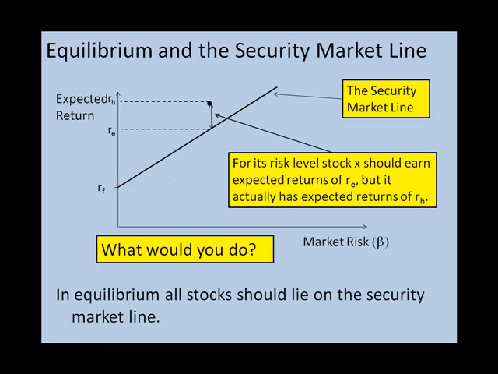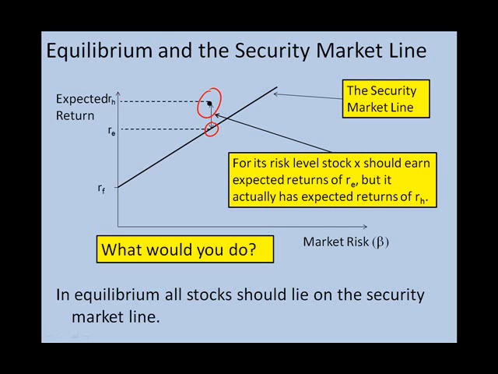Suppose they don't though. Suppose we see a stock here. It's lying above the security market line. It should only be earning expected returns equal to RE, but in fact it's earning expected returns of RH. What would you do as an investor? It's earning higher expected returns than expected according to the CAPM. That would mean you'd want to buy the stock.